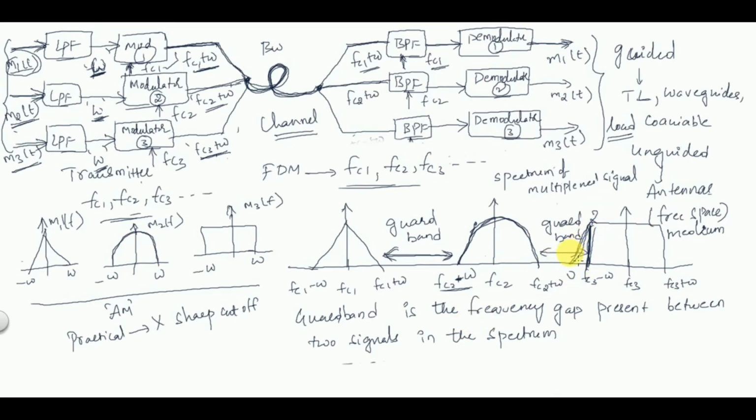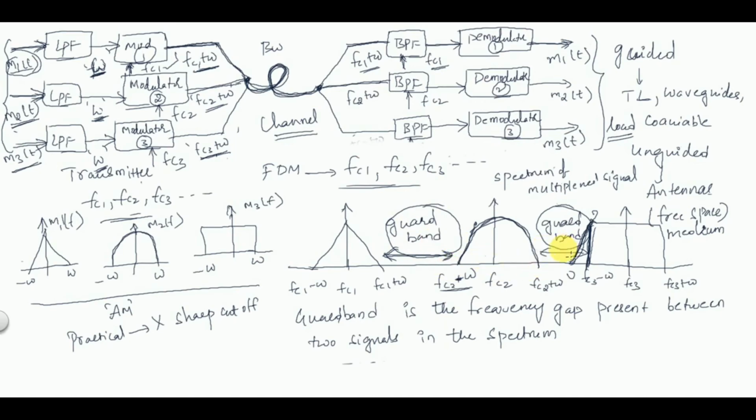So that is why, in order to have that transition, the practical filter gain decreases gradually like this. That is why there should be some frequency gap present between two signals, so that interference between the two signals can be avoided. To avoid the interference, we require some guard band between those two signals.